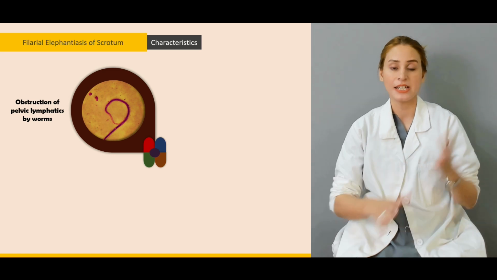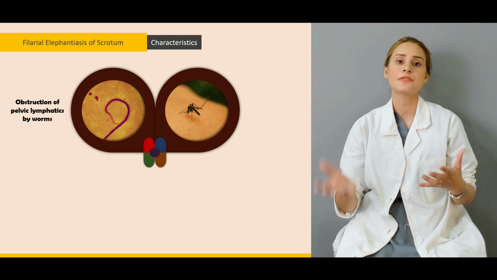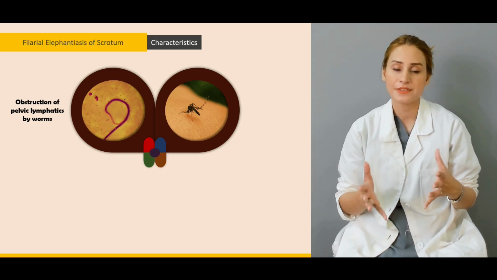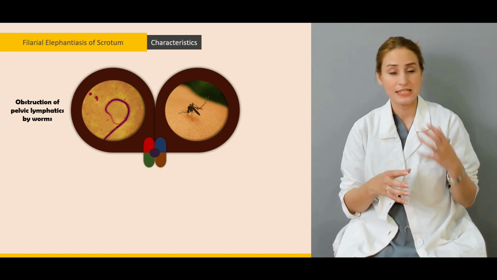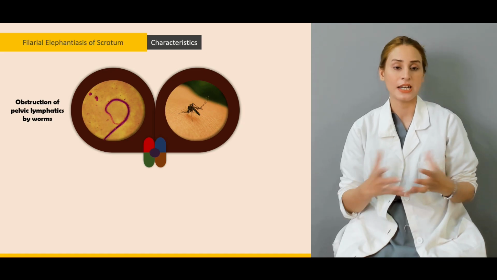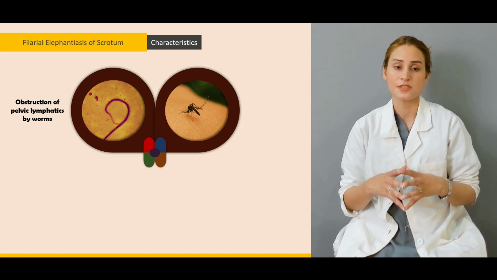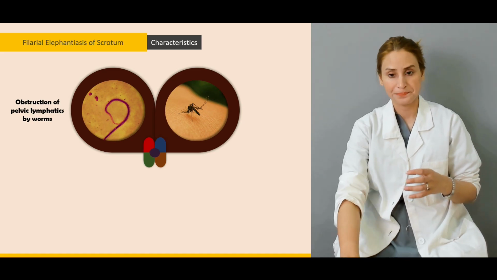There's a collection, and ultimately it leads to elephantiasis. If it's secondary to infection with Wuchereria bancrofti, as in 90% of cases, this is called filarial elephantiasis of the scrotum.